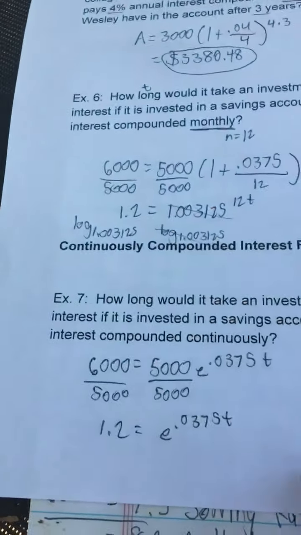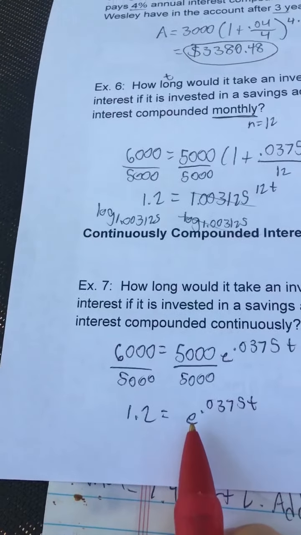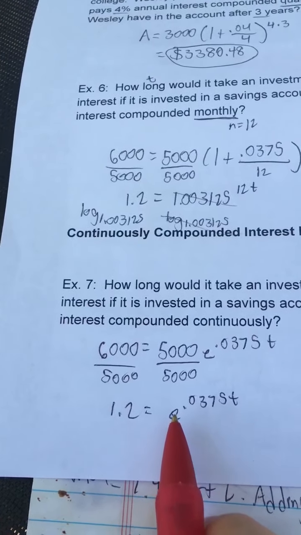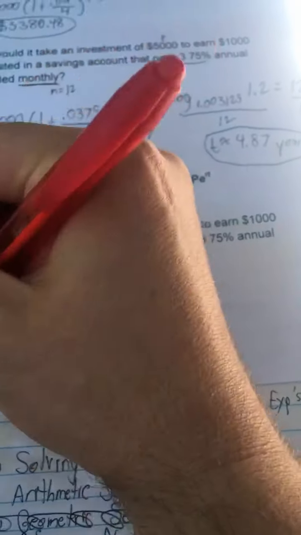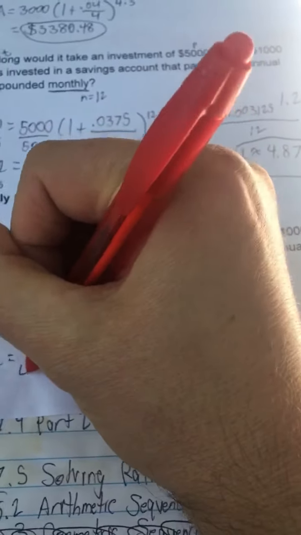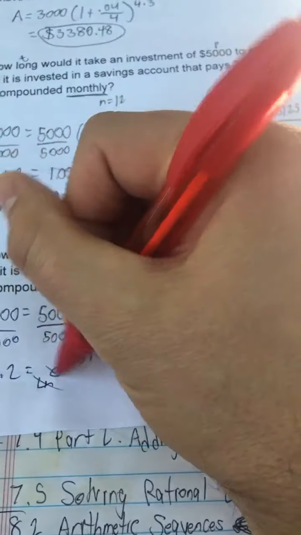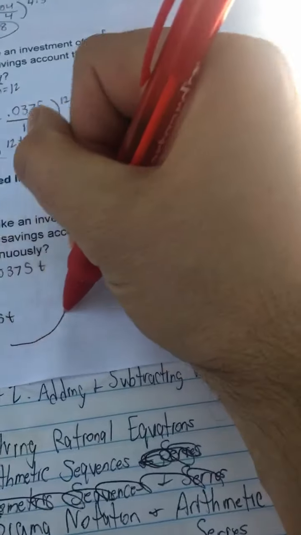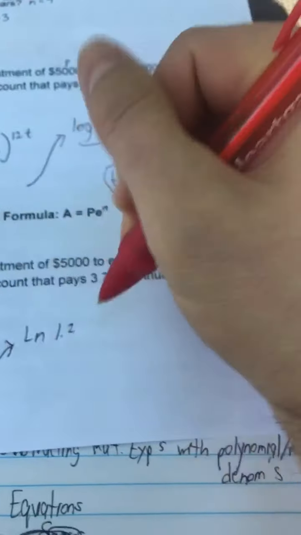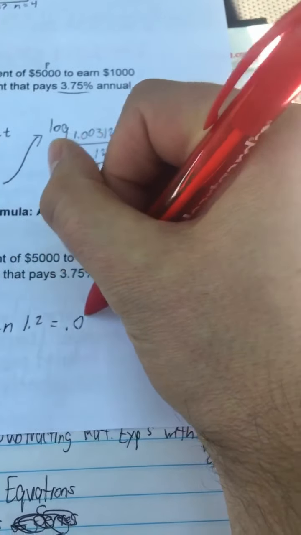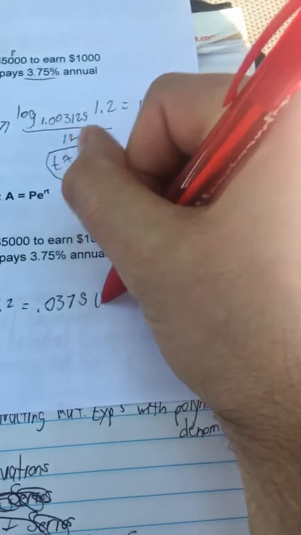Now, I need to get rid of e, so I'm going to take log base e. Remind me again, what's log base e? ln, natural log. So I'm going to take ln, the natural log, of both sides. That's going to cancel out that e. So I now have natural log 1.2 equals 0.0375t.